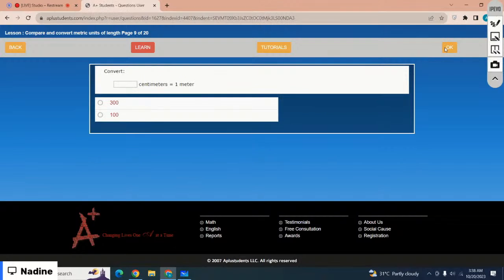Okay, 1 meter equals how many centimeters? 1 meter equals 100 centimeters.